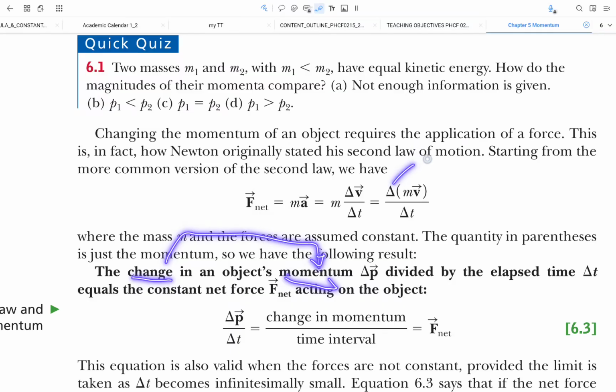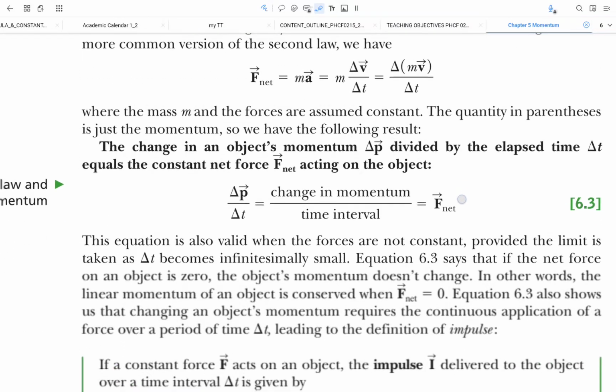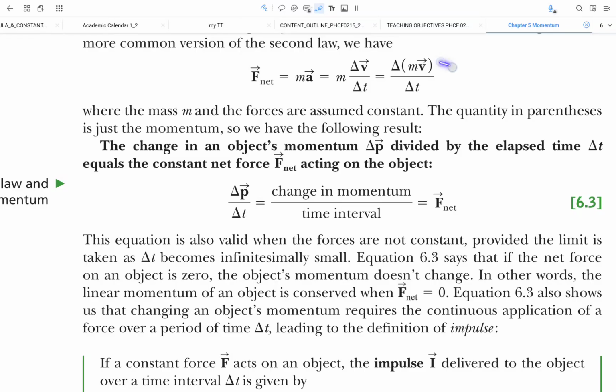So this delta is change. When we rearrange the expressions, the change of momentum over time interval, or sometimes called the rate of change in momentum, is equivalent to the force, or net force, exerted on an object.